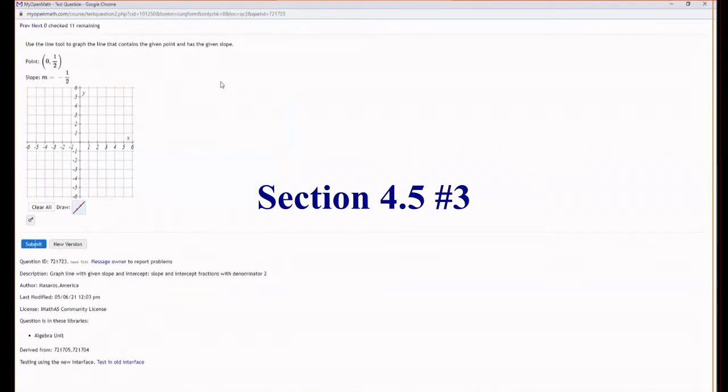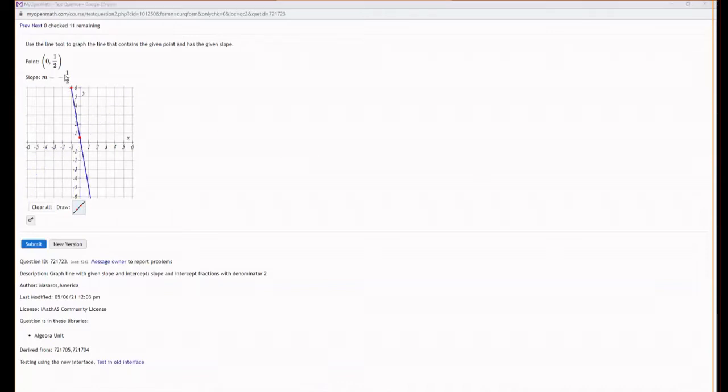So let's look at question number 3 now. We're going to use the same process, start at 0, 1/2. Okay. And our slope is negative 1/2, so we're going to think of that as negative 1 over 2. So I'm going to go down by 1 and over by 2.